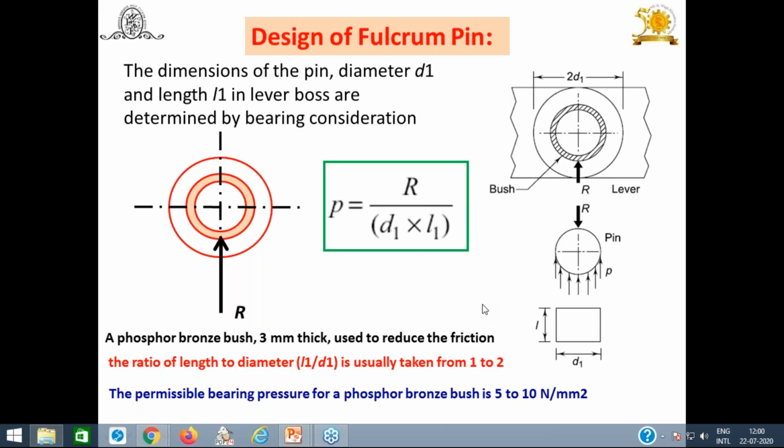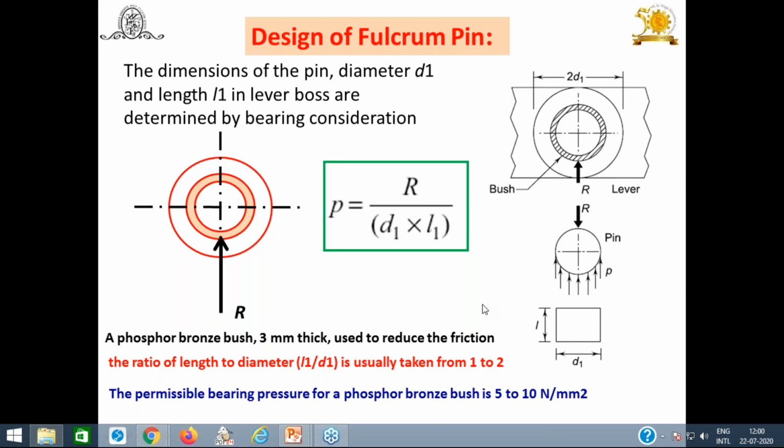Small d1 is the diameter of the fulcrum pin. Therefore the shear area is 2 times pi by 4 into d1 square. Tau is equal to P, which is the reaction R, upon this area, and you can find the shear stress induced or other dimensions. By using the two criteria, you can find d1 and L1.